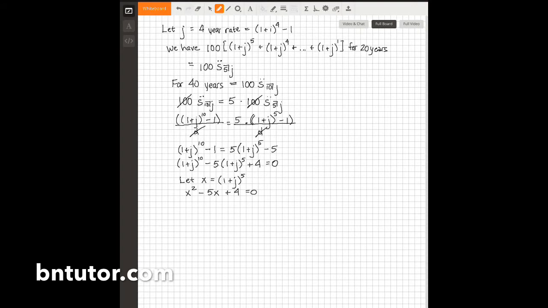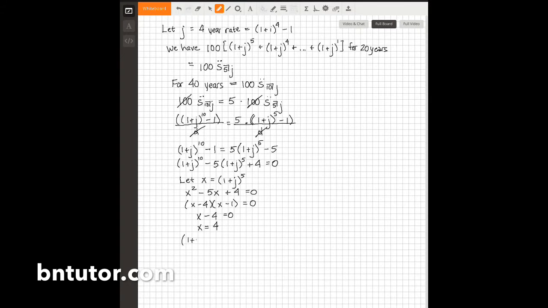We could do the quadratic formula on this, but in this case, this equation factors rather cleanly to x minus 4 times x minus 1. And we can ignore that x minus 1 because the result of that would end up giving us an interest rate of 0. So we turn our attention to x minus 4 being equal to 0. In other words, x being equal to 4.